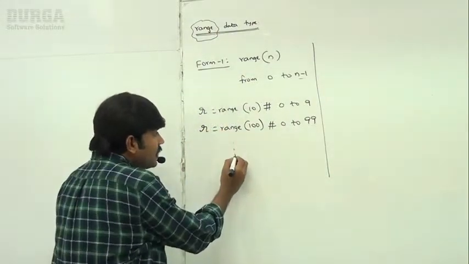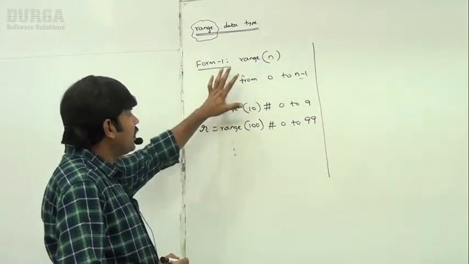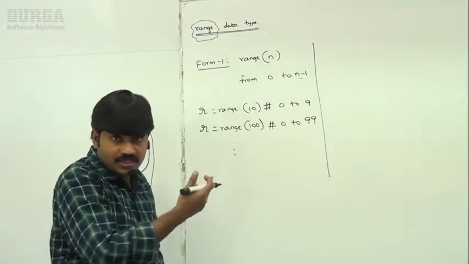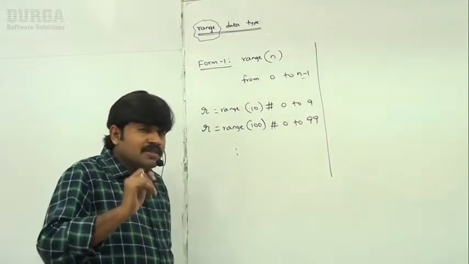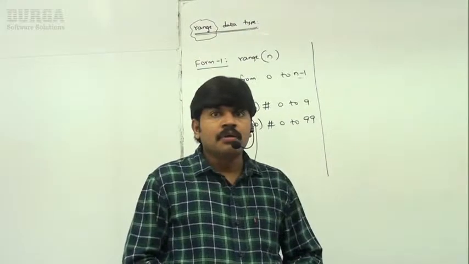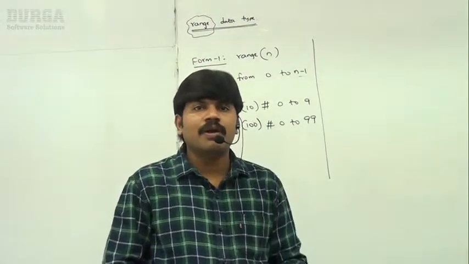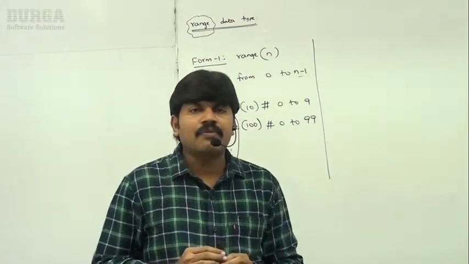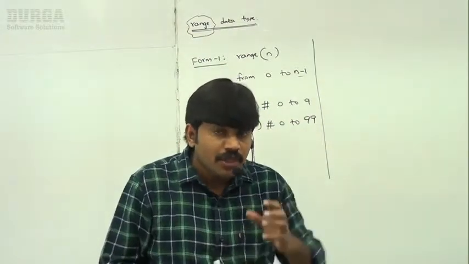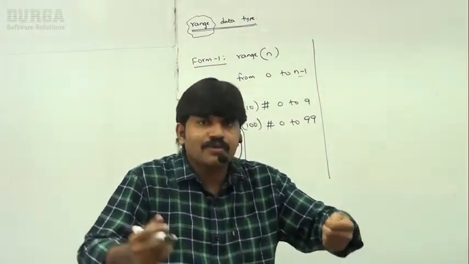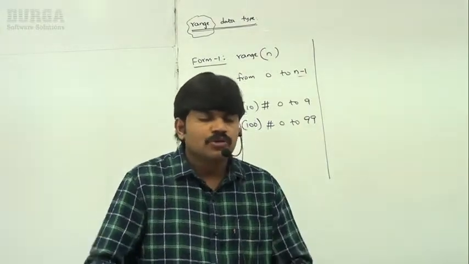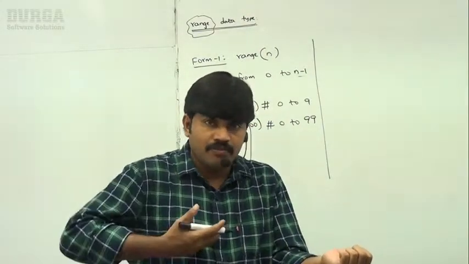This is the first format we used. But sometimes my requirement is, hey, I don't want to start from 0. I want from 1 to 10, or from 10 to 20. So the begin is not always 0, it is my own number.